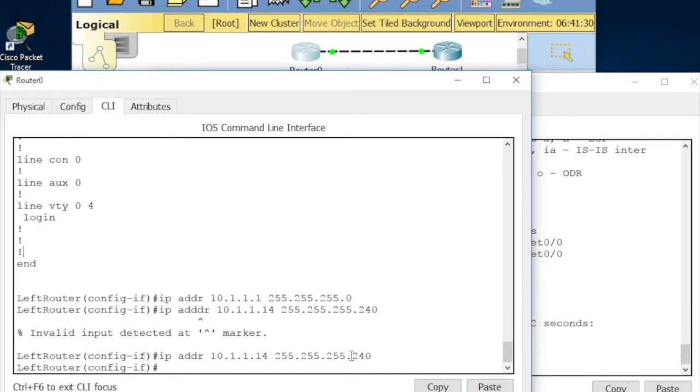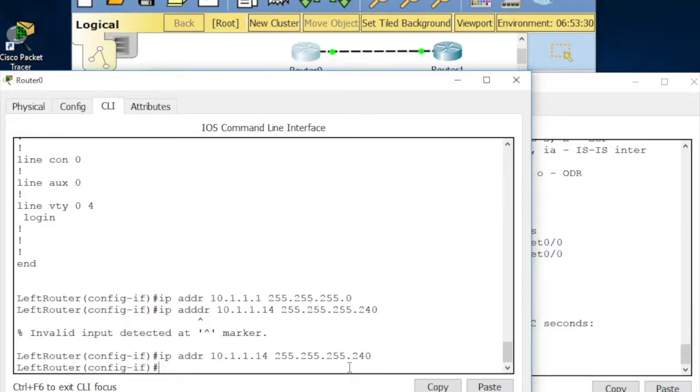If I subtract 240 from 256, that tells me I have a new network starting every 16 numbers. So I will have networks starting at 0, at 16, at 32, at 48, etc.